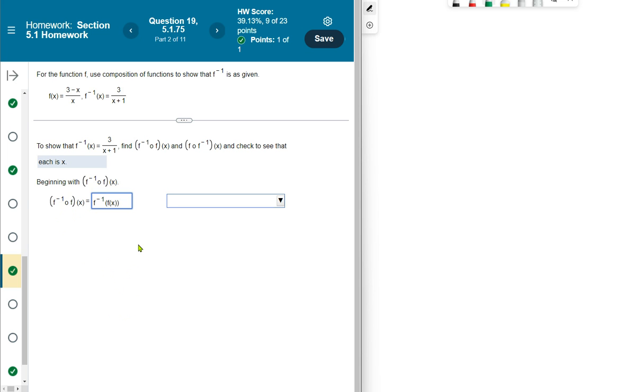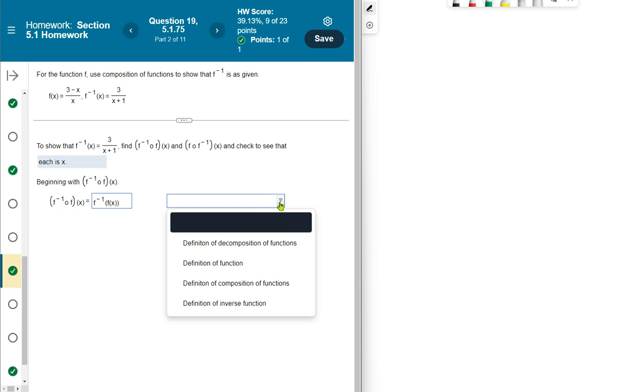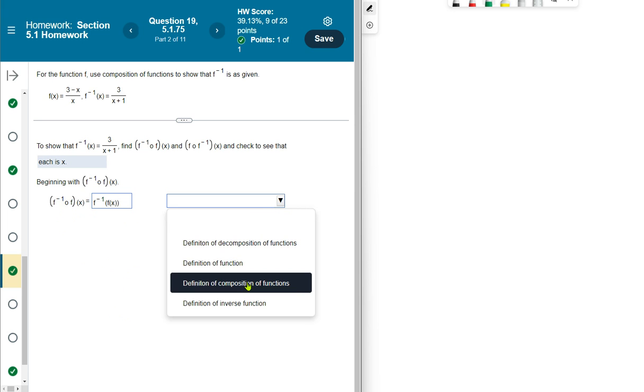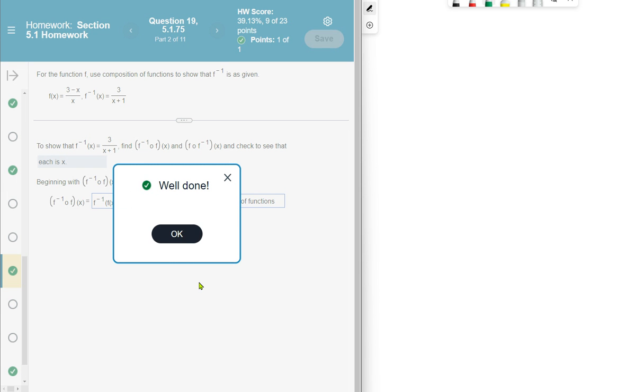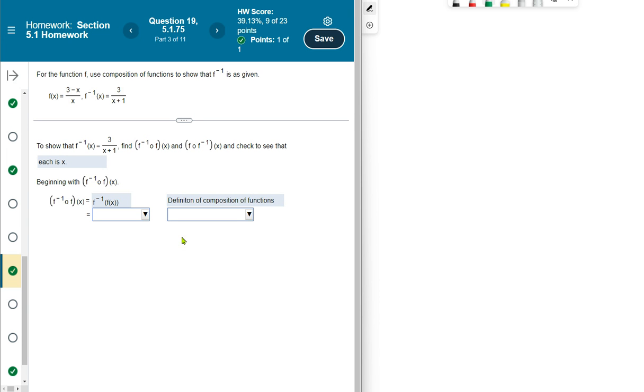You would be putting f of x into f negative 1 of x, and that is the definition of composite functions. When you put a function within a function, that's composite. Well done.